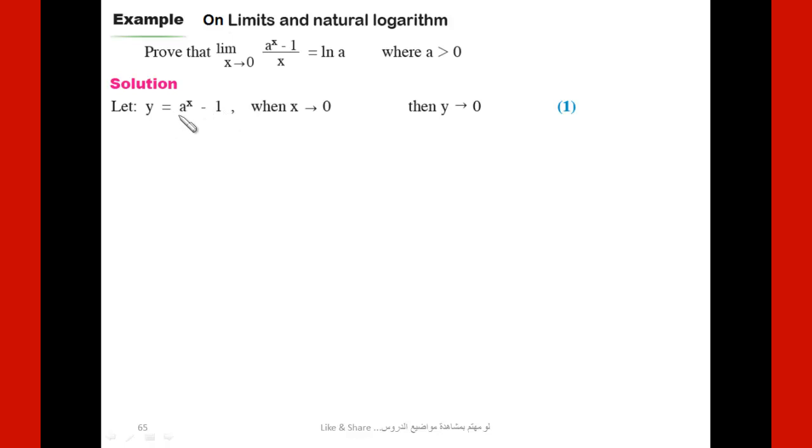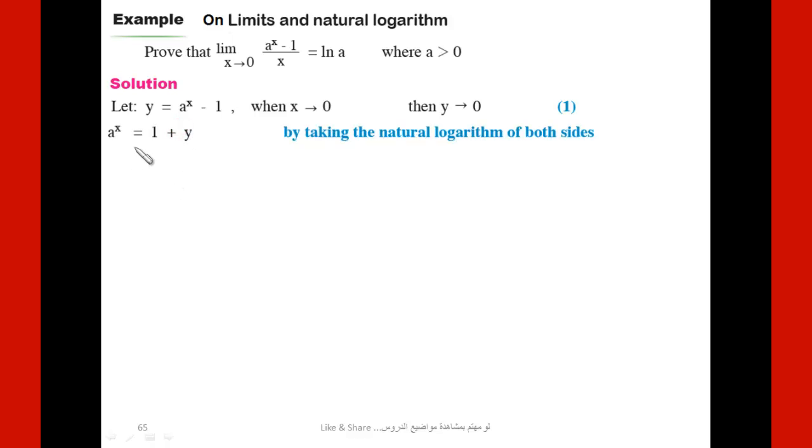So when x tends to 0, y also tends to 0. So we can replace x tends to 0 with y tends to 0 in the limit.